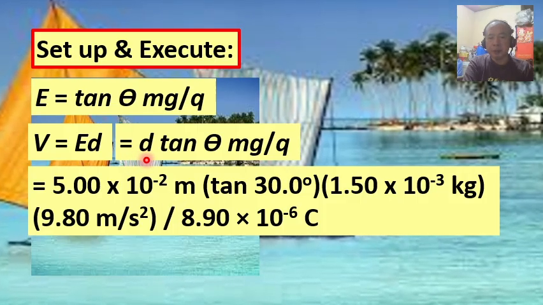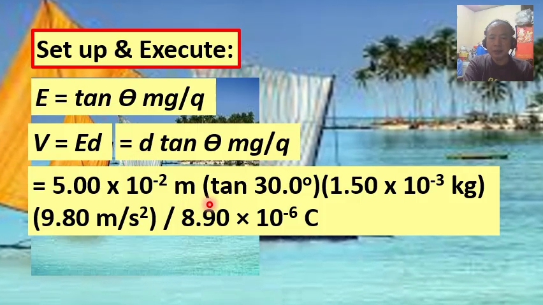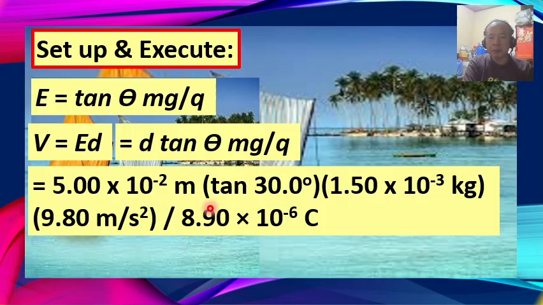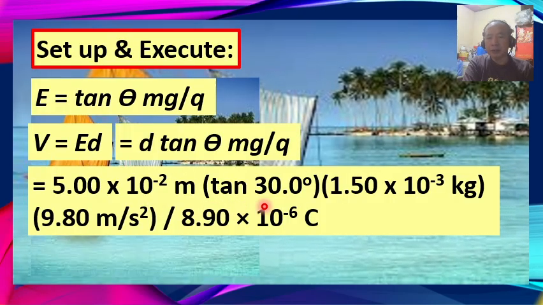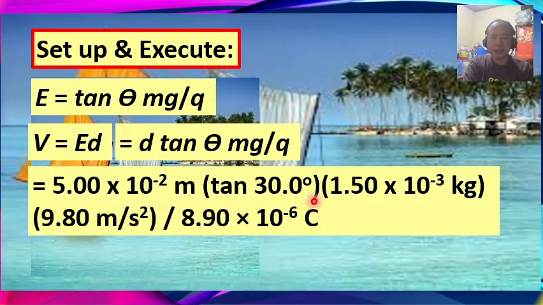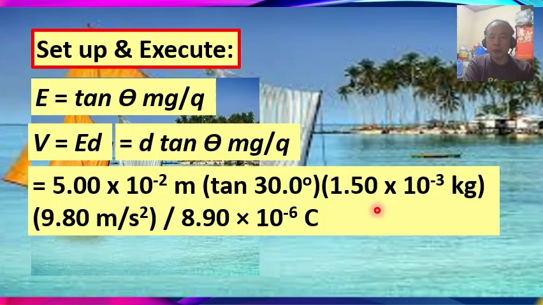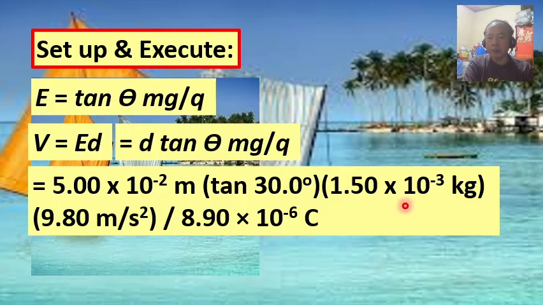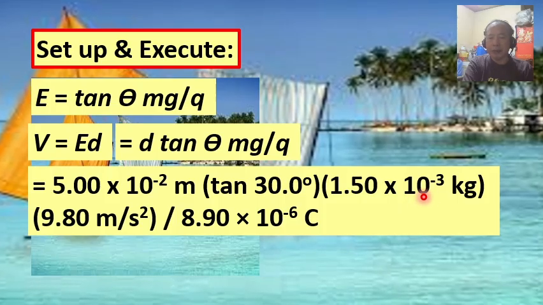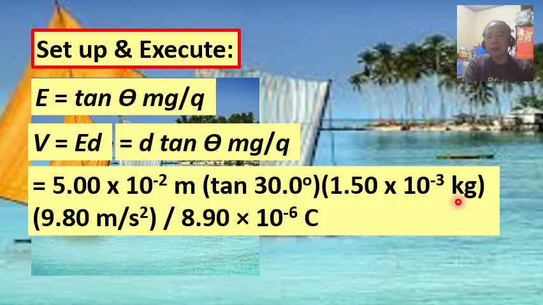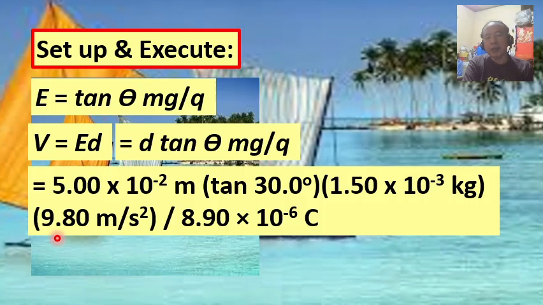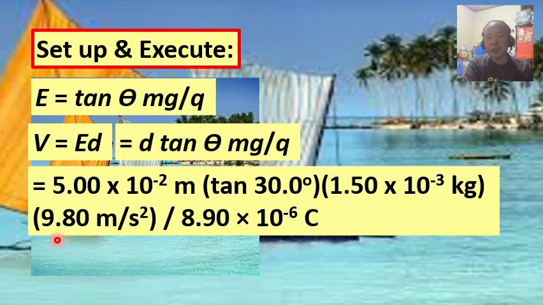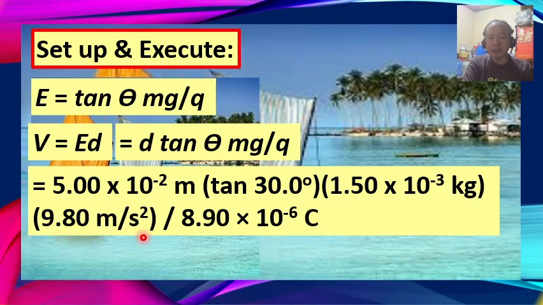That's the value of the separation distance D. Then multiply it by tangent of the angle 30.0 degrees, multiplied also by the mass of the sphere, 1.50 times 10 raised to the negative 3 kilogram, and the value of the acceleration due to gravity, 9.80 meter per second squared.